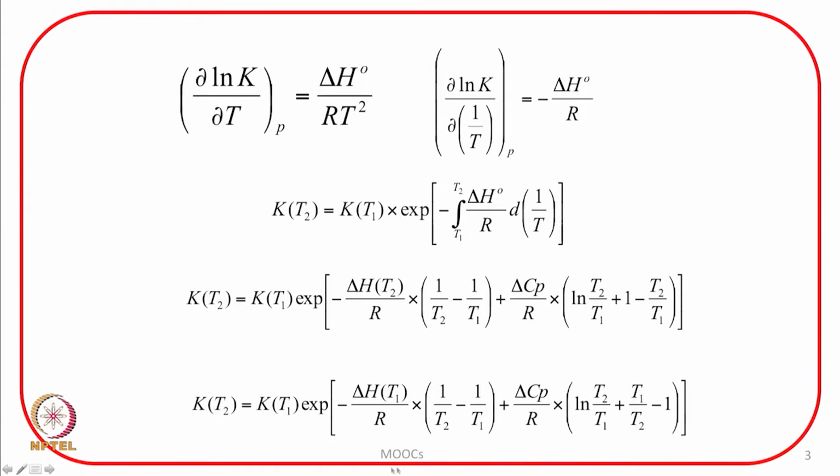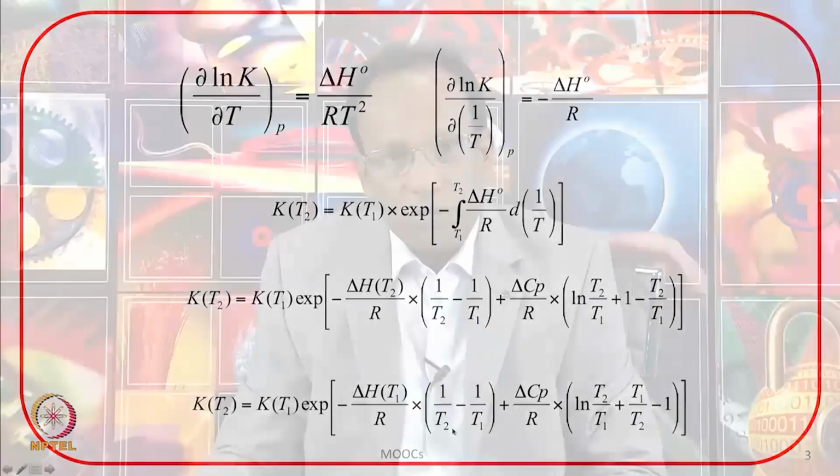And these equations basically connect the K at a certain temperature with the knowledge of K at a reference temperature, or in other words K at temperature T2 with K at temperature T1, with the knowledge of the enthalpy change at that reference temperature and the corresponding heat capacity change, along with the temperatures T2 and T1. These we discussed in the previous lecture.